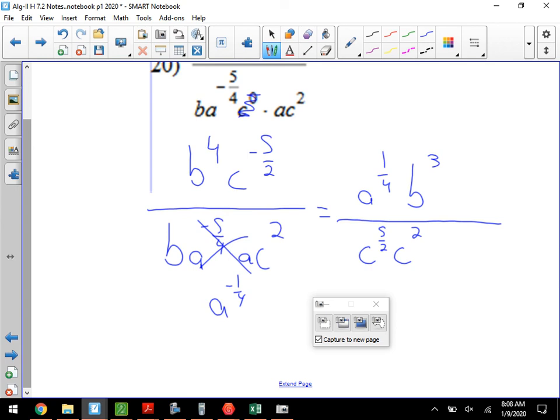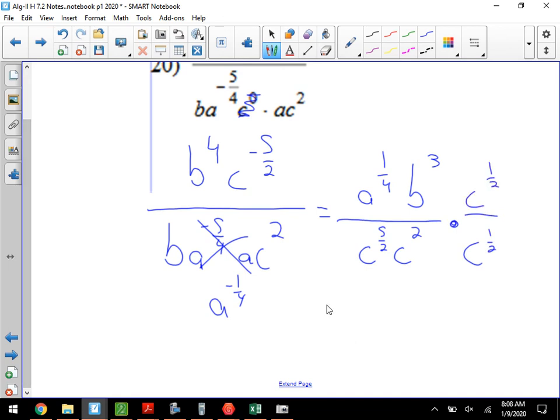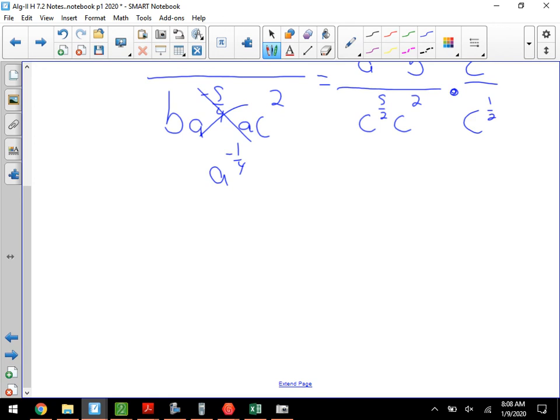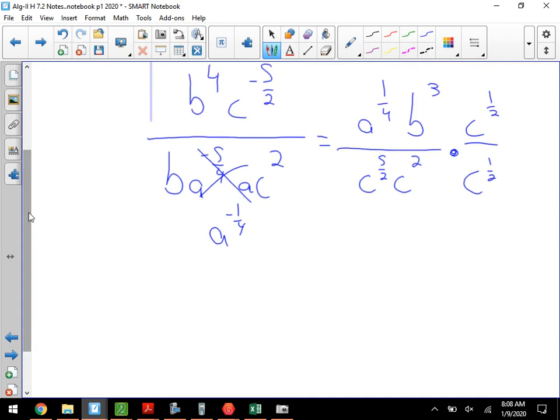One, right? So I have to multiply top and bottom by c to the half. Now the only disadvantage of doing it this way is that you have to remember that 5 halves plus 1/2 is 6 halves, which is 3. Okay, that's the only tricky part about doing that.